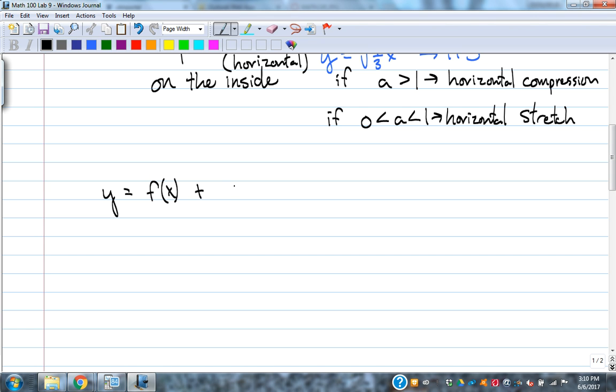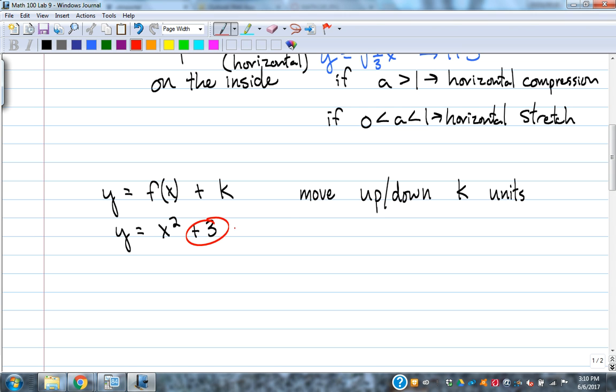If we're adding some value, we'll call it k, then we move up or down k units. For example, if you have y equals x squared plus 3, then this plus 3 is going to move it up 3 units.